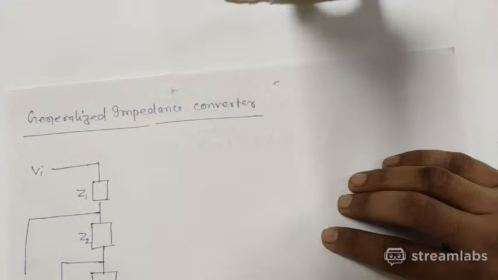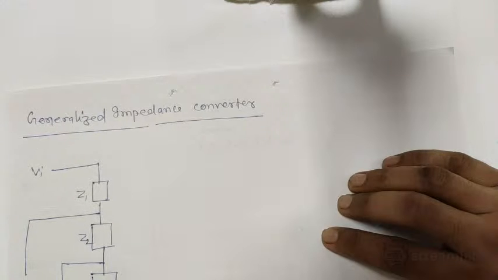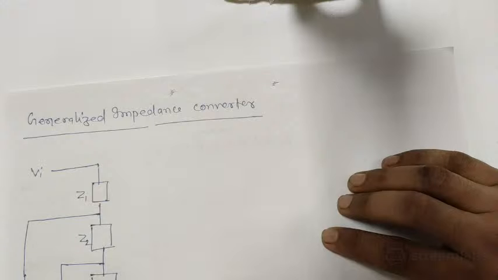Input from this point and input from this point goes into the op-amp, and the op-amp's output comes like this. This is the minus terminal, this is the plus terminal.